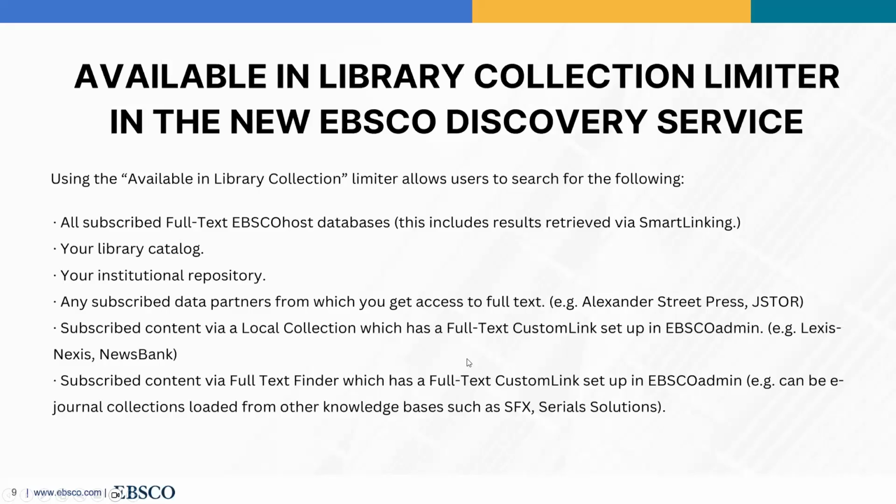It will also include your subscribed content via a local collection, which has a full text custom link set up in EBSCO Admin. And finally, your subscribed content via full text finder, which has a full text custom link set up in EBSCO Admin. So it can be electronic journal collections loaded from other knowledge bases such as SFX, Serial Solutions, and so on.